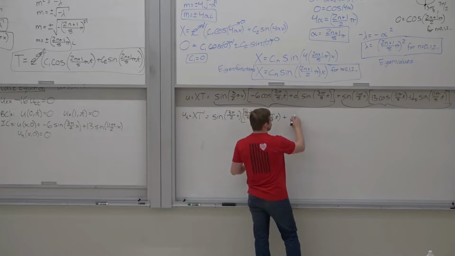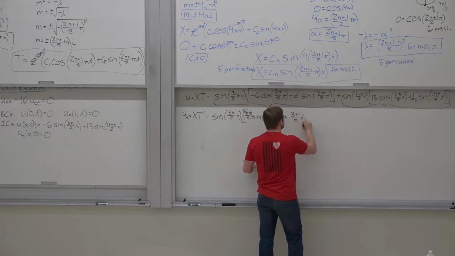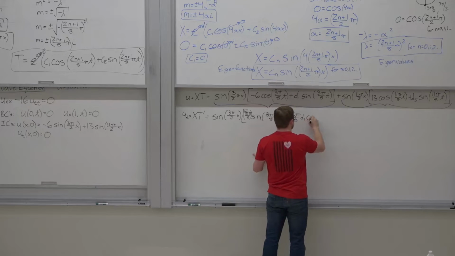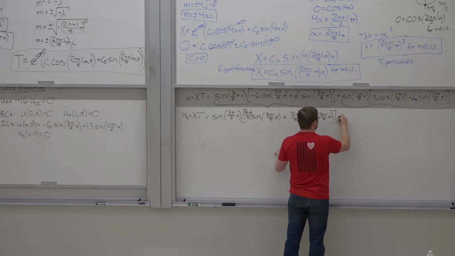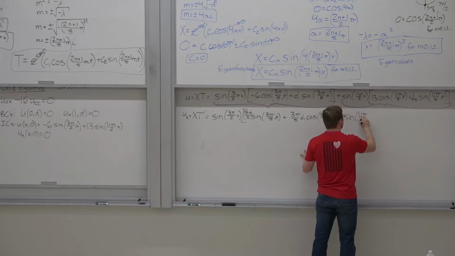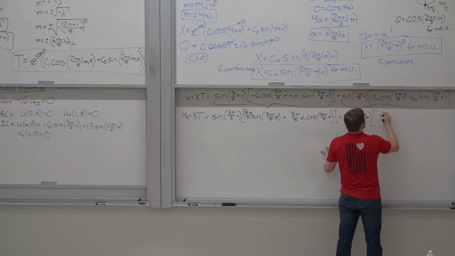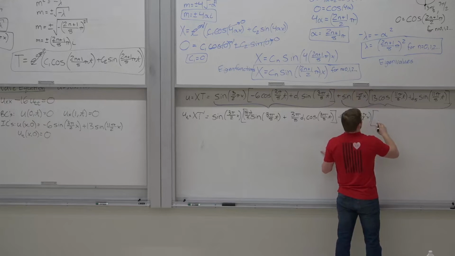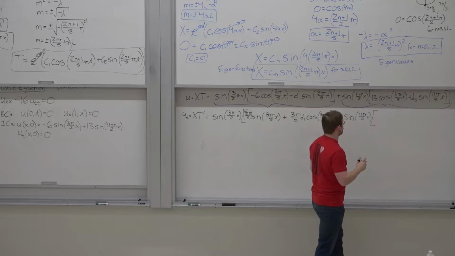Plus, this is going to be a 3 pi over 8 d1 times cosine of 3 pi over 8 t plus sine of 11 pi over 2 x times 11 times 13, which is 143.